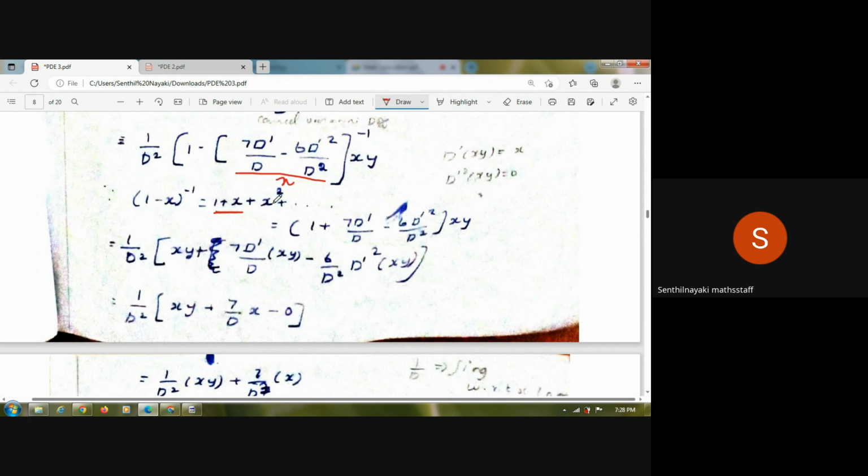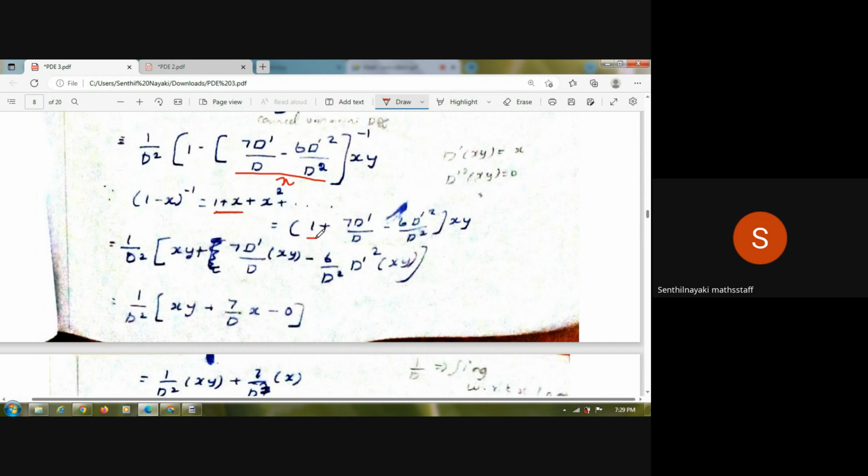If you go further, x square means (7d dash by d minus 6d dash square by d square) whole square; expanding a minus b whole square, d dash square is 0, d dash power 4 is 0, d dash cube is also 0. So there is no need to go to the third term; only two terms are enough.